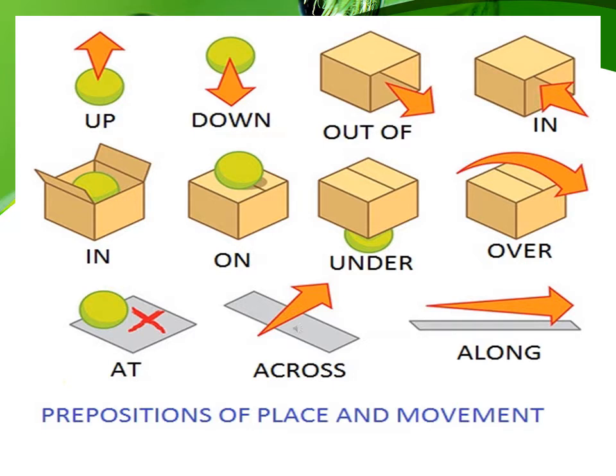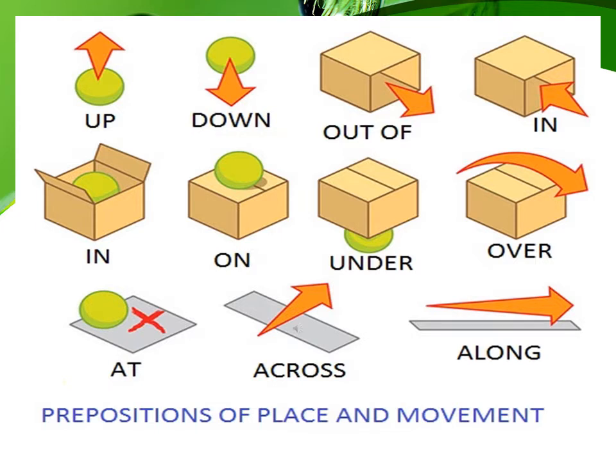So, up. Down. Out of. Okay, out of. In. Okay, so here are two examples of in. Either you put something in a box, you say it's in the box, or you get in or come in.